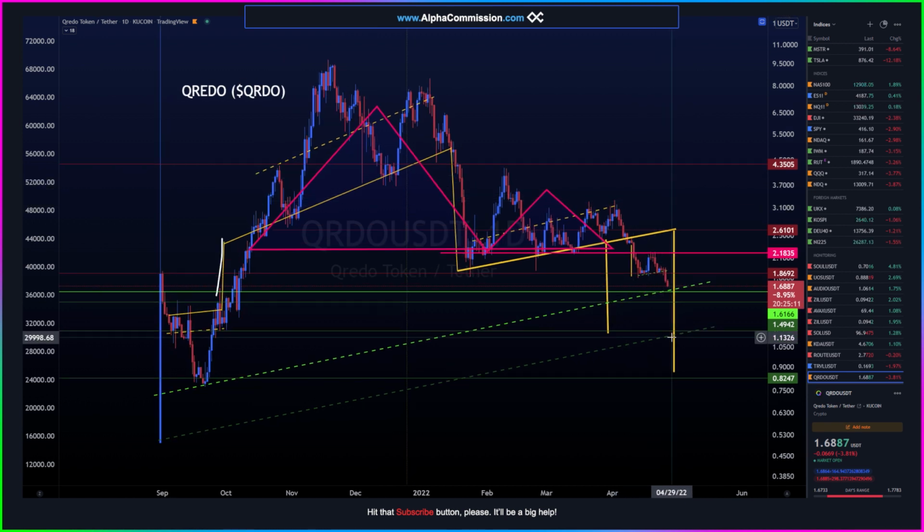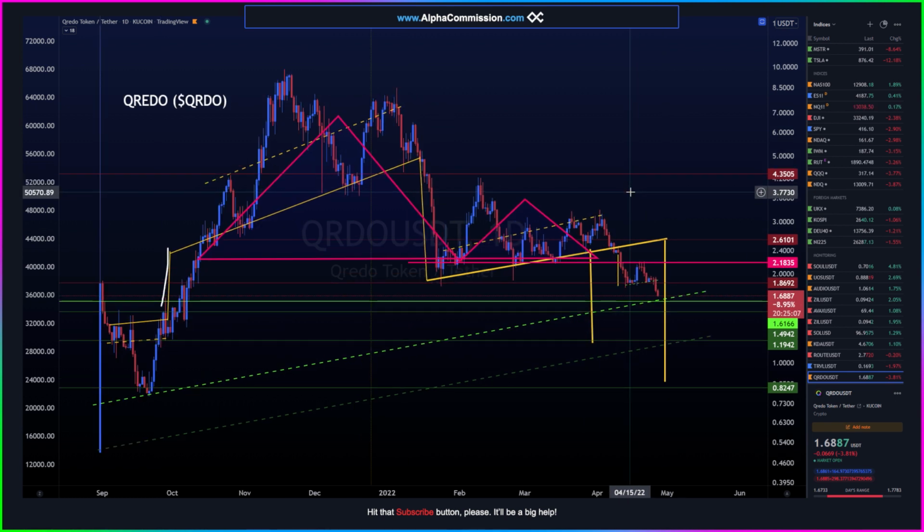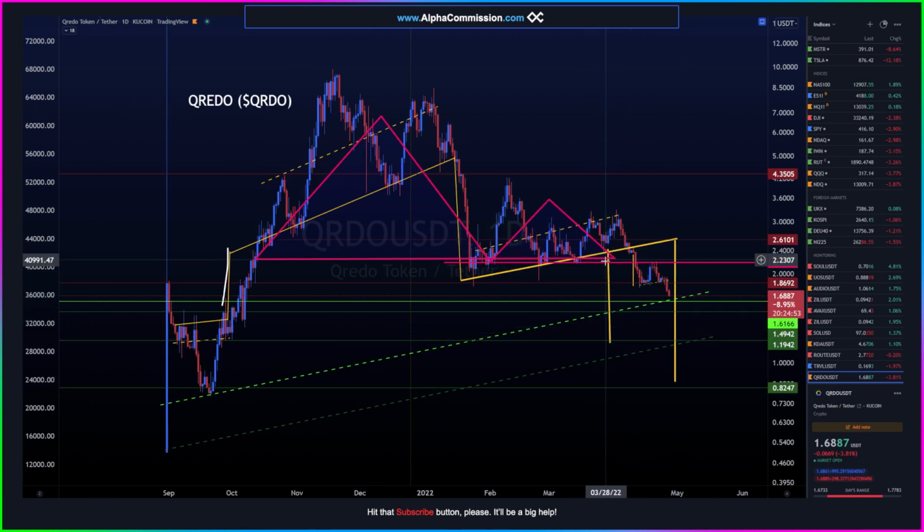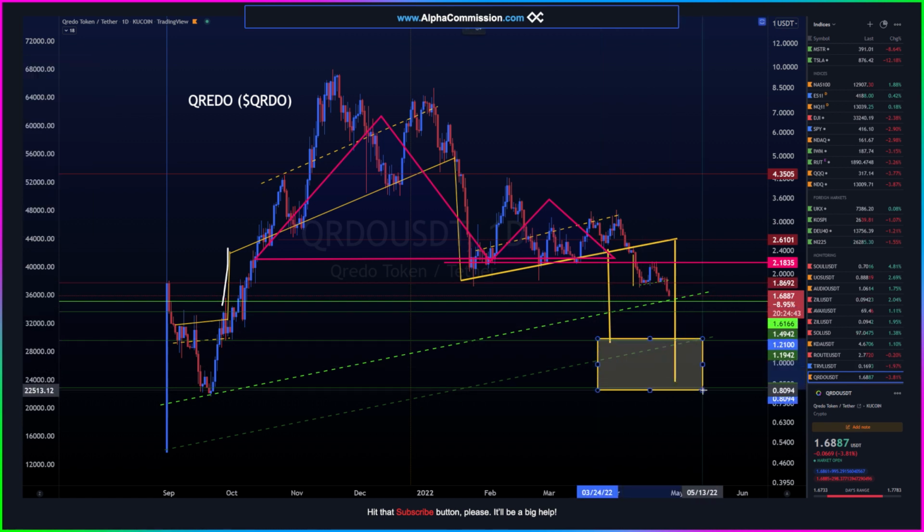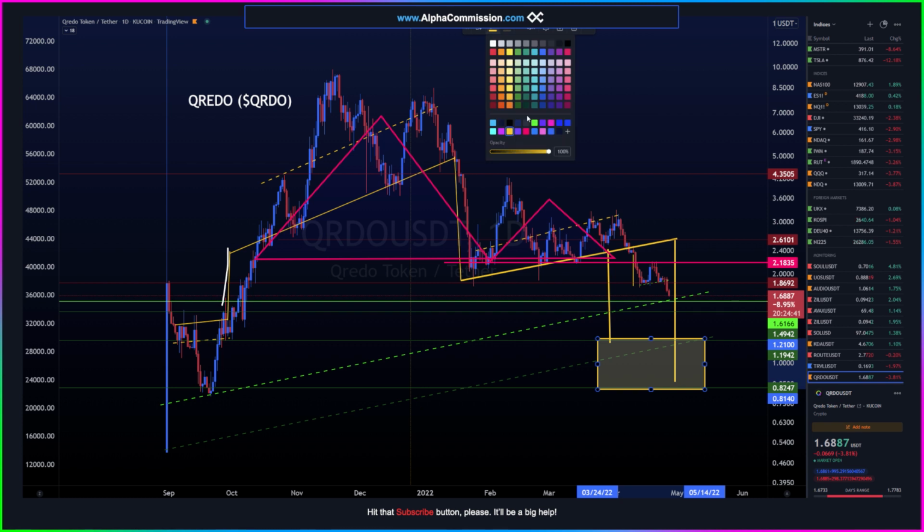As ridiculous as that seems, I could see it happening in a true bear market, in a true crypto winter type of situation, coming down to this support right here, and basically starting over again at 80 cents. And if not, then in a rough, extended bear market, I could see it coming down to this $1.20. And yeah, I'm going to be a buyer big time in these areas. I'm going to be a buyer big time because I do like this project.